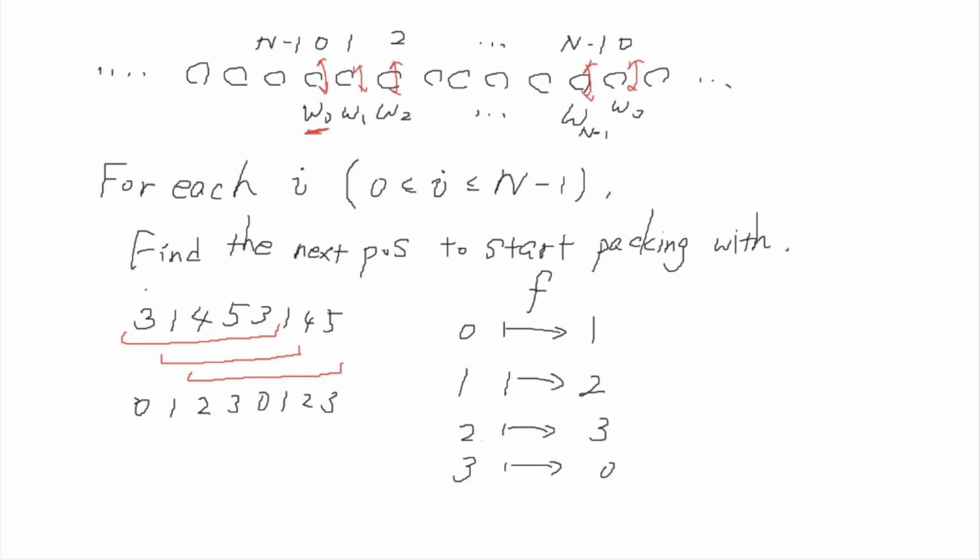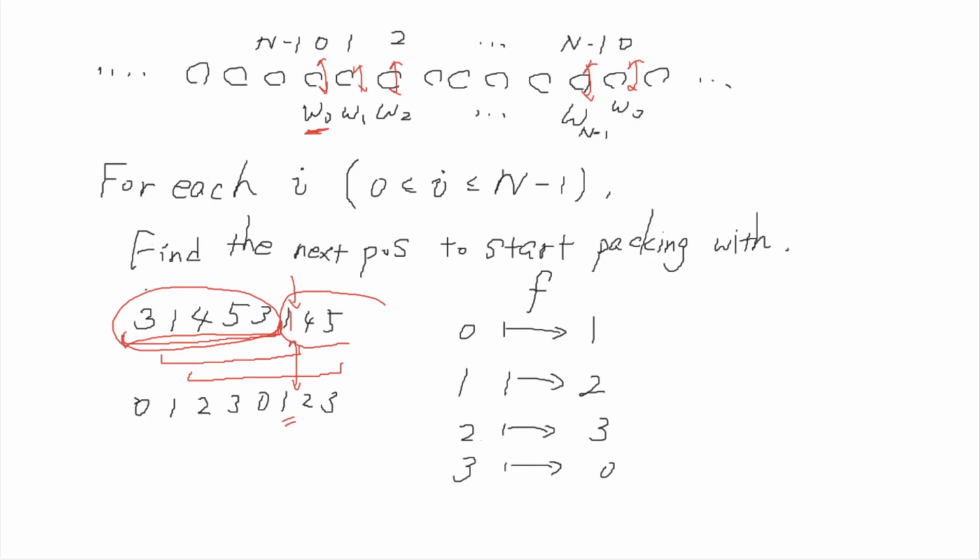I explain it with the example again. The first box has these potatoes, and then the next box starts with this one, and the index corresponds to 1.